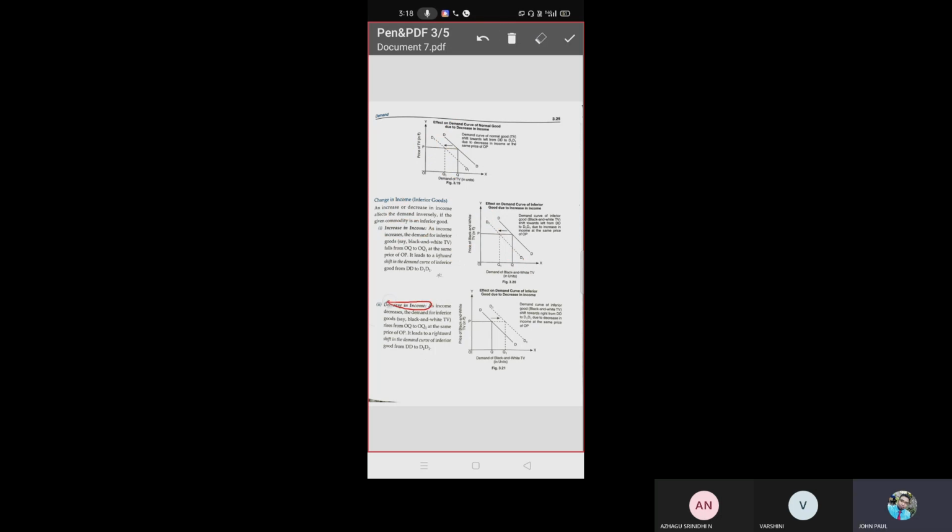Instead of buying Surf Excel soap, we'll go for Arasan soap. So a decrease in income will increase the demand for inferior goods. When demand increases, the demand curve moves to the right-hand side. When demand decreases, the demand curve moves to the left-hand side.